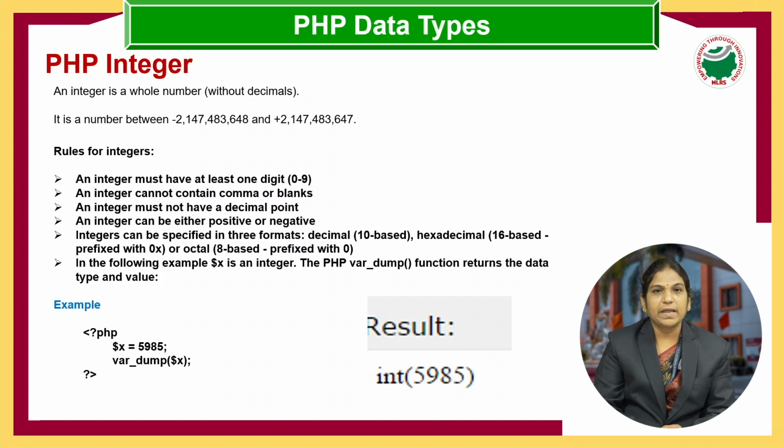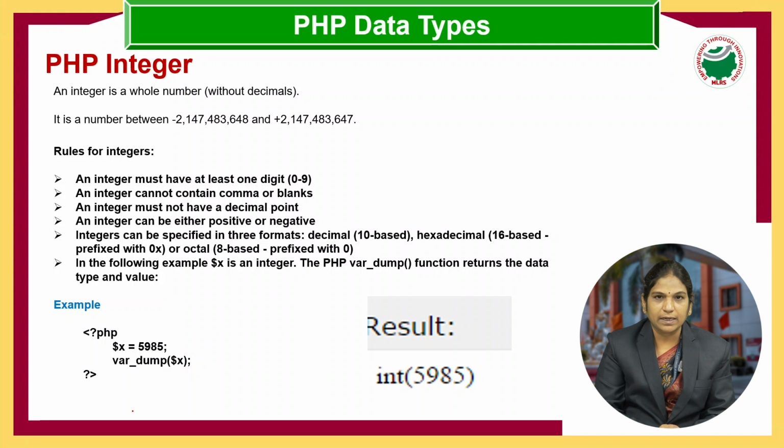For example, I have started the PHP tag, and $x equals 1234 or 5985, and var_dump is the function used to display the data type of that particular variable, because in PHP we are not specifying the data type. Predefining is not required in PHP while declaring a variable. That is the reason why we call it a loosely typed language.